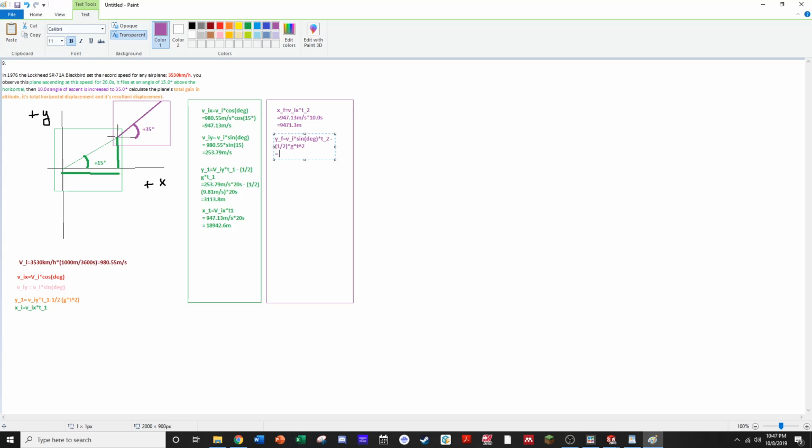So we're going to plug in our values. So that's 980.55 meters per second times the sine of 35 times the time, which is 10 seconds, minus 1/2 times 9.81 meters per second squared times our 10 seconds squared.